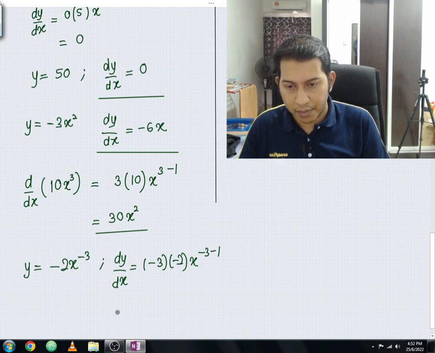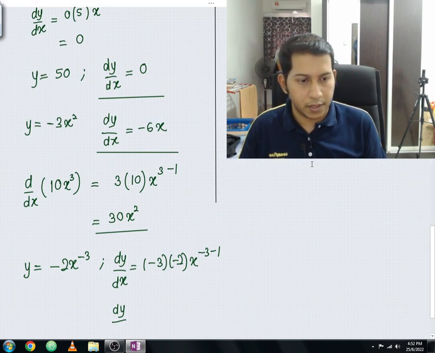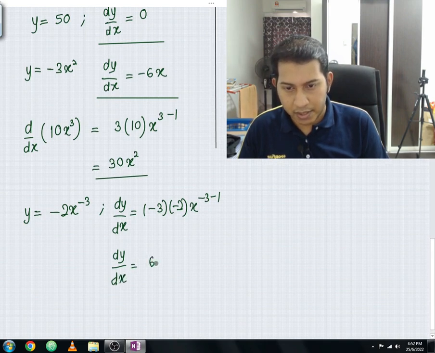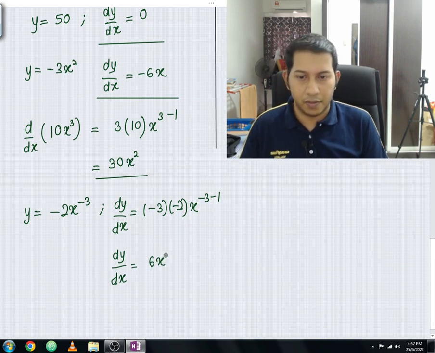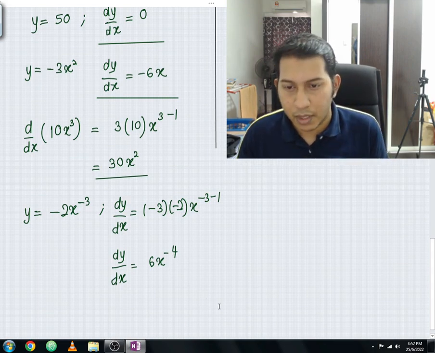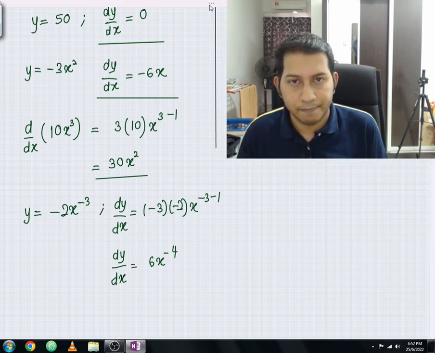So you solve this, and you get your dy over dx is equal to 6 x to the power of negative 4. So this is your answer. Let me underline this.